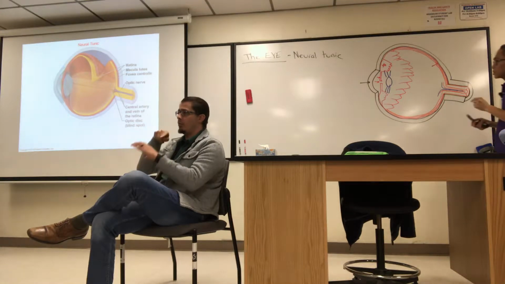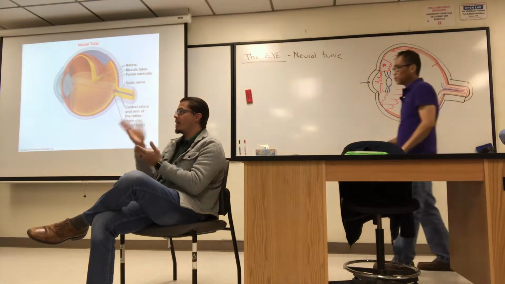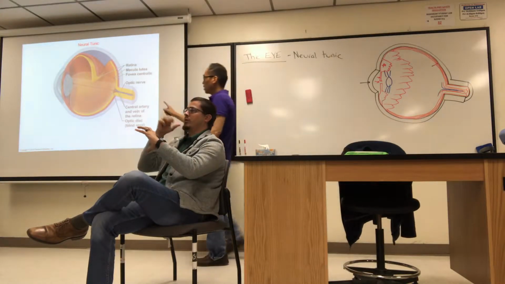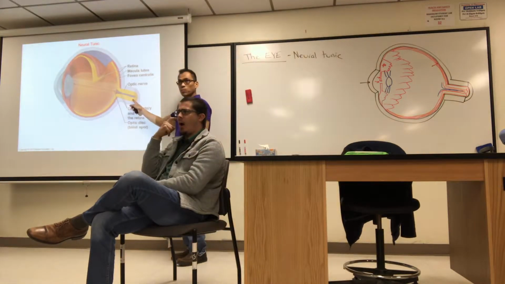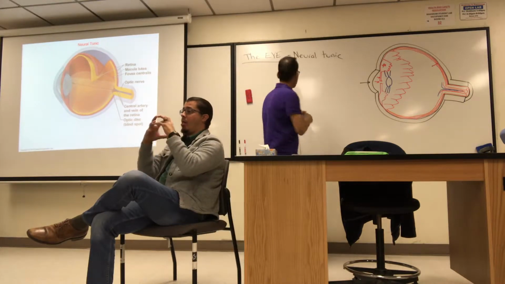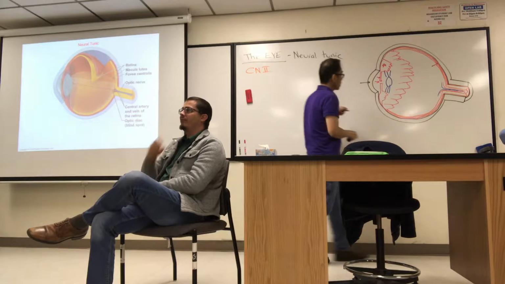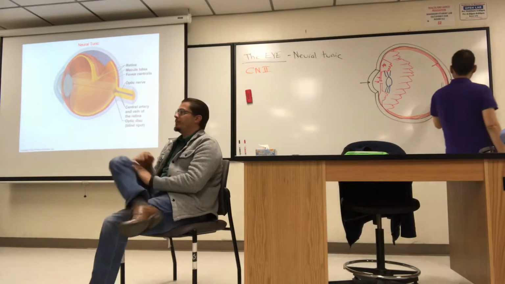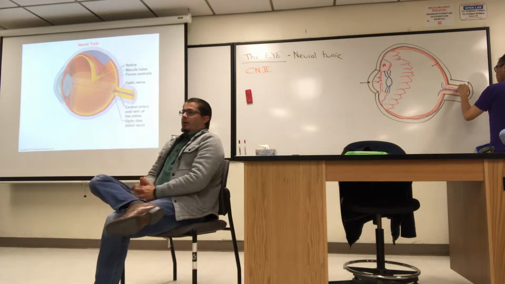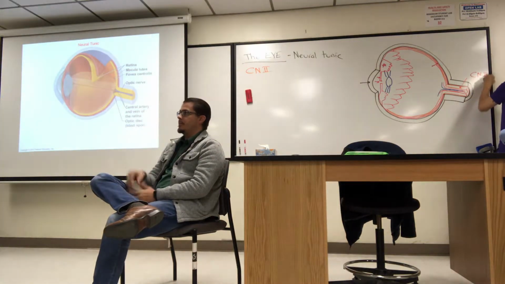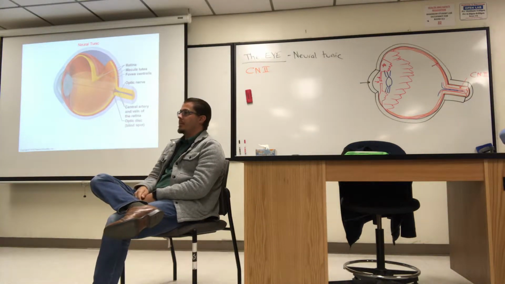But pretty much, that's cranial nerve 2 coming out the back of the eyeball. You should be able to see that on your cow eye. Cranial nerve 2, optic nerve. Pretty much this orange part. Cranial nerve 2, the optic nerve.